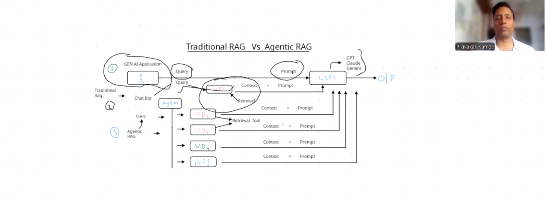Whenever the user asks a query like what is the leave policy of the company, this query will be embedded and it will search the vector database of those chunks, and the top chunks will be retrieved as context. This context will be added to the prompt with the query, and it will be sent to the LLM to generate the response.